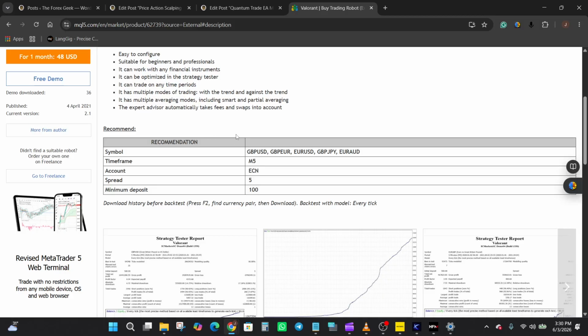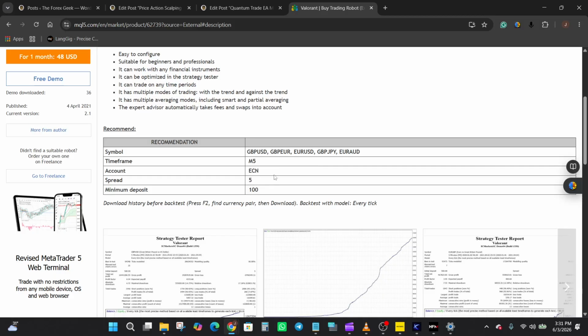It suggests trading pairs like GBP USD, GBP EUR, Euro USD, GBP JPY, and Euro AUD with the M5 time frame on ECN accounts and relatively low spreads.